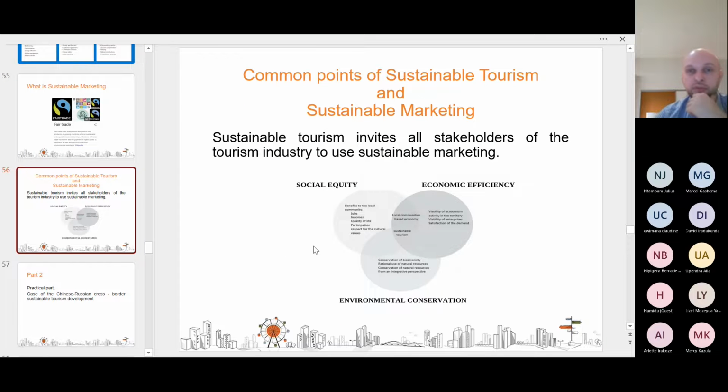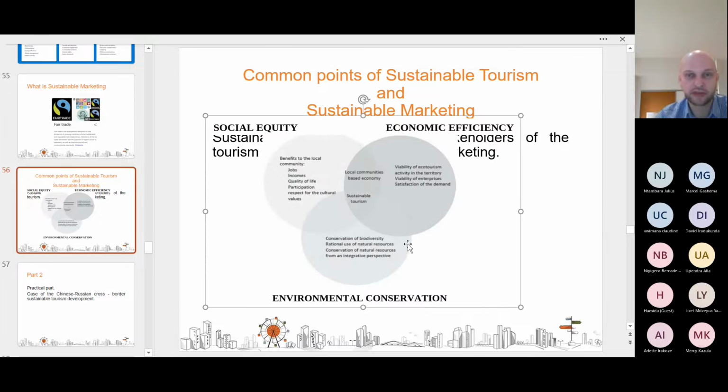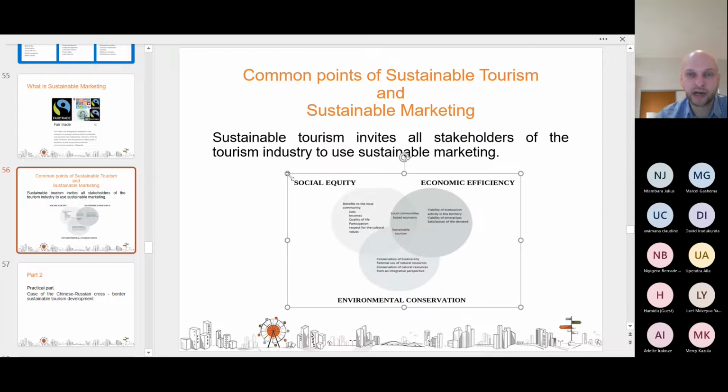What else? Common points of sustainable tourism and sustainable marketing. So what is sustainable tourism and marketing? As I mentioned earlier, sustainable marketing focuses on building relationships with customers and letting them know that we, as a company, protect the environment and use the resources sustainably.